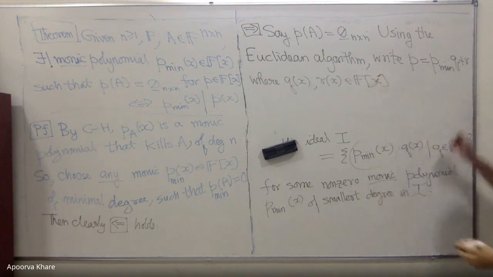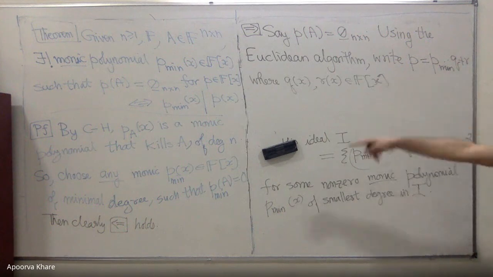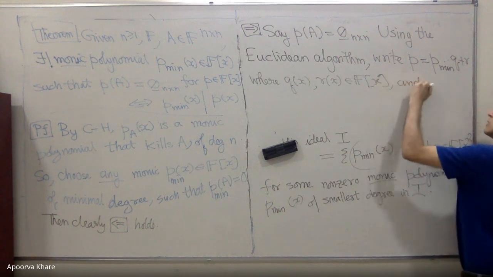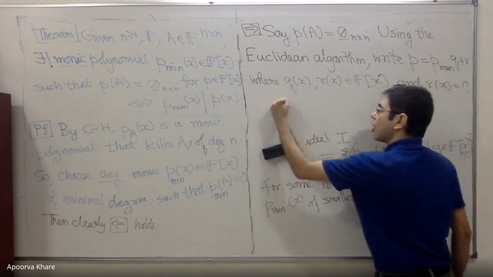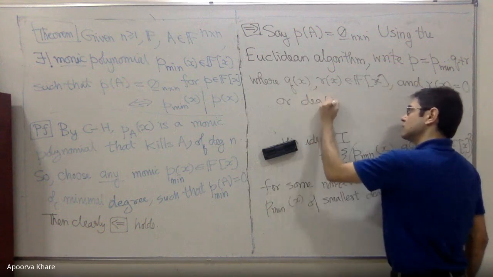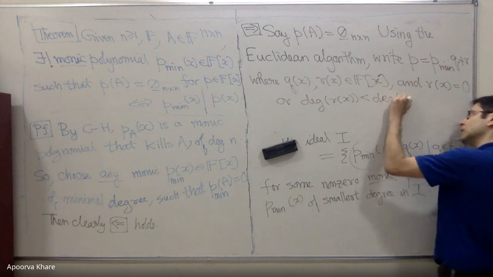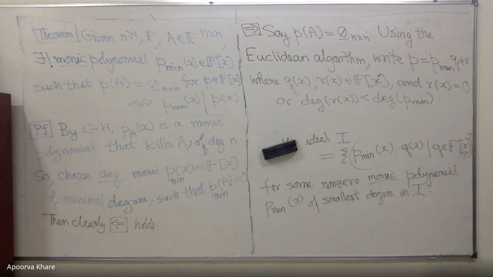And what else do we know? We know that R is either 0 or the degree of R is strictly less than the degree of P min. It's either the 0 polynomial or the degree of R is less than the degree of P min. Okay? Great.